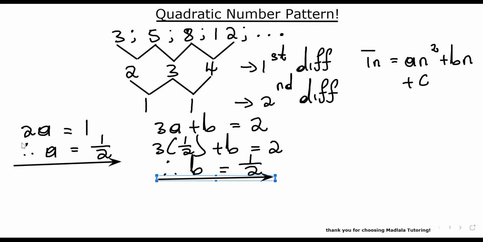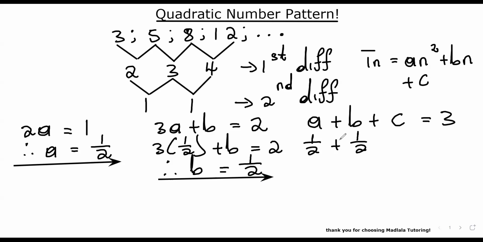Now, what about the value of c? Well, here we take a, we add it to b, we add it to c, and we equate everything to the first term of the quadratic pattern itself. So we have 1/2 plus 1/2 plus c, but this one is unknown, and everything is equal to 3.